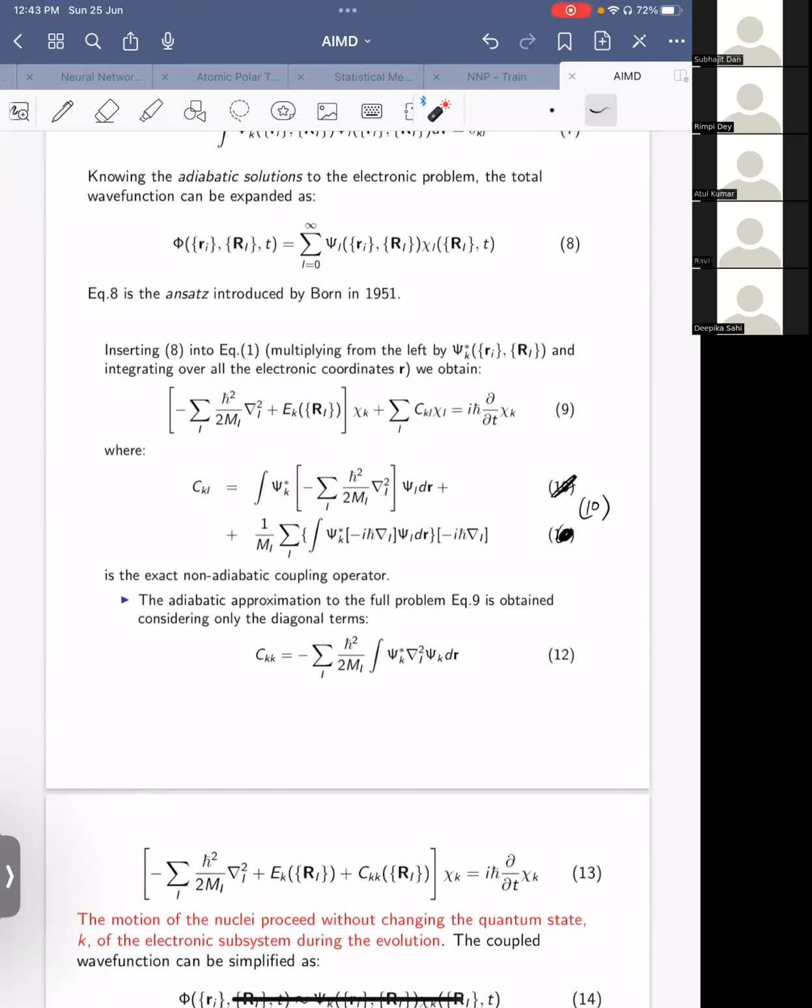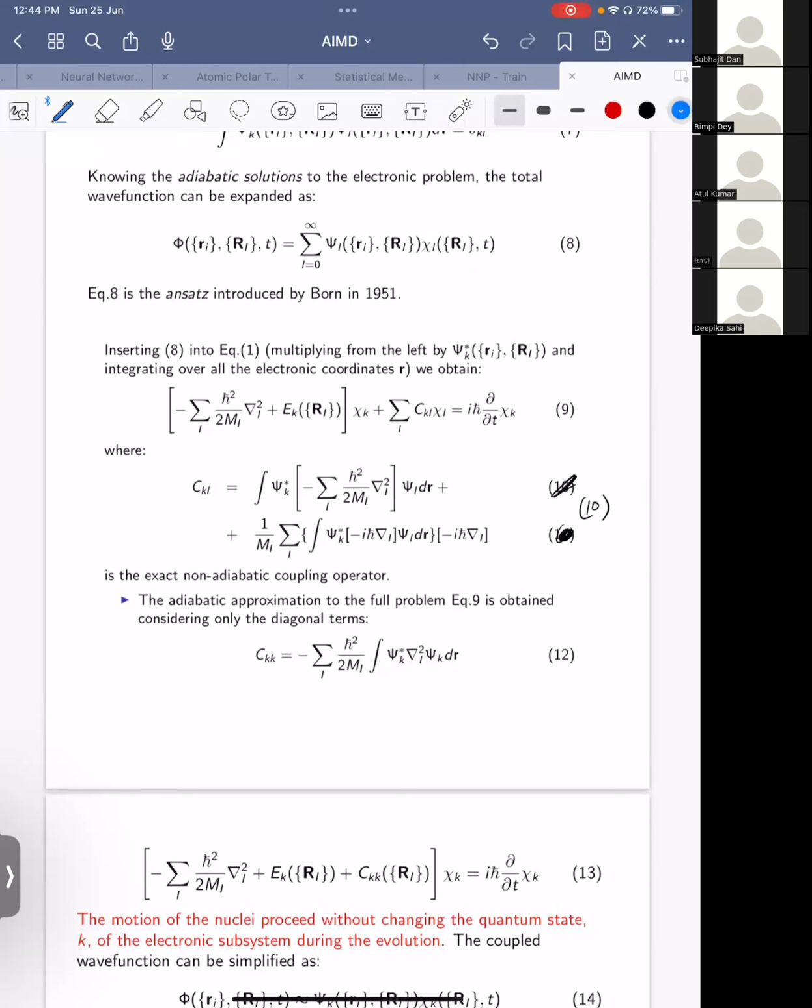In the adiabatic approximation, all the off-diagonal terms will be 0. Why? Because the adiabatic approximation says that the energy gap between two electronic states is significantly large, so there will be no coupling between two energy states. So we can ignore all these cross-coupling terms, and we will be left with only the diagonal terms.